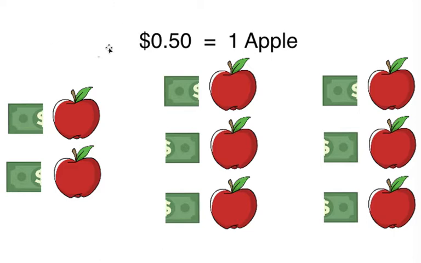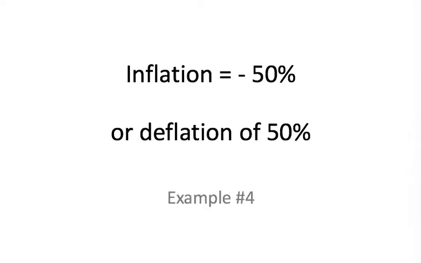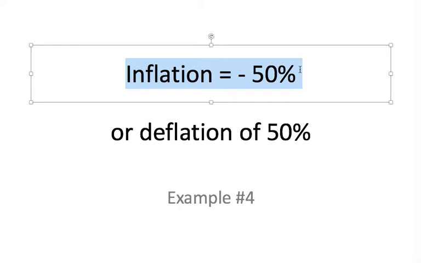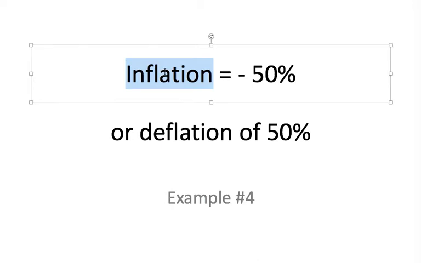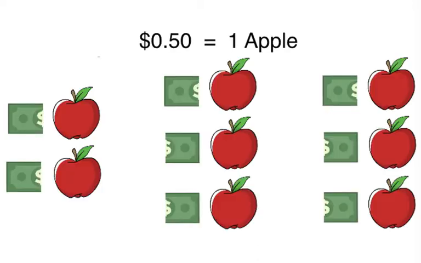The price falls, and you can think about it as the inflation is negative 50%, or the word for negative inflation is deflation. That is, deflation is the prices going down, inflation is the prices going up. So in this particular case, you can think of it as inflation of negative 50% or deflation of 50%.